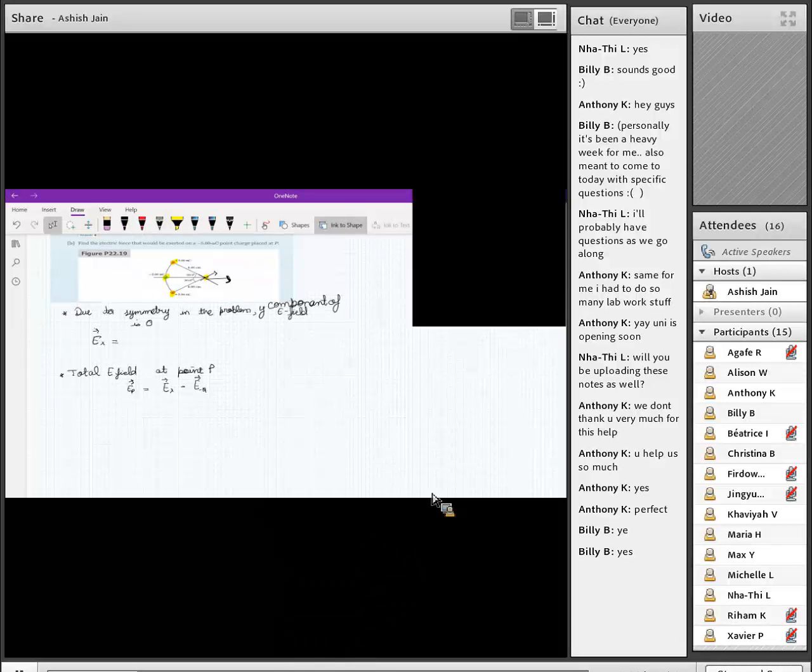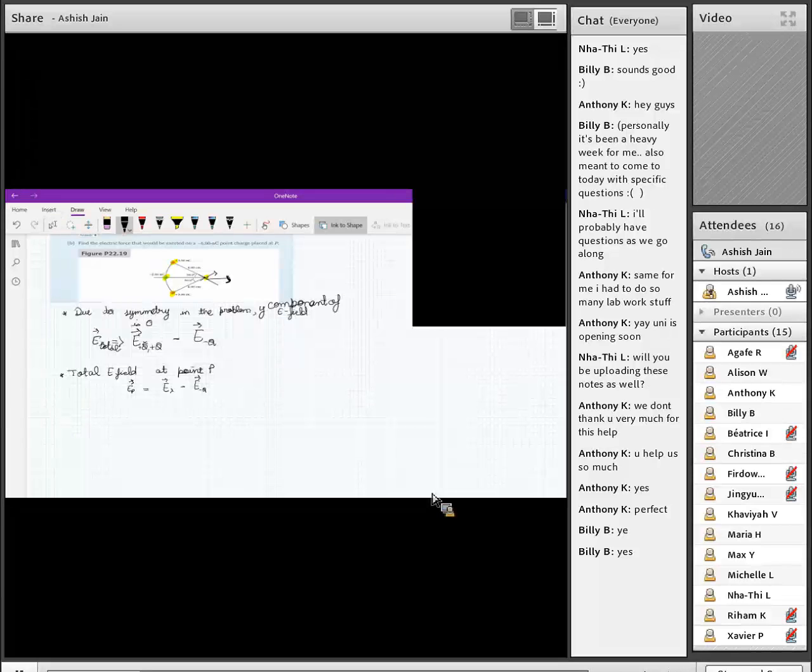And then Ex can be written as E due to the 2 point charges, X component of that, or E total, minus E due to the negative point charge.